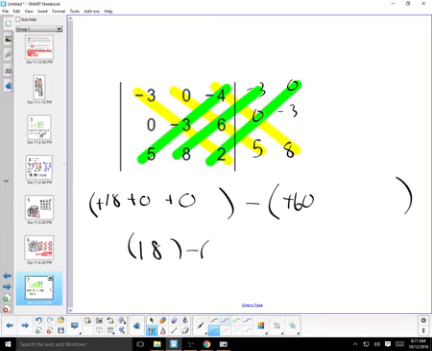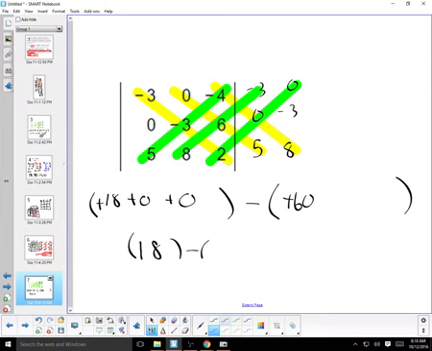Looking at the next diagonal, I've got 8 times 6 times 3. Is it 48? 48 times 3 is 144.